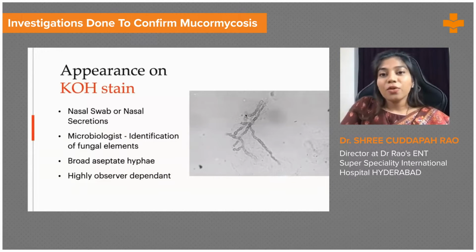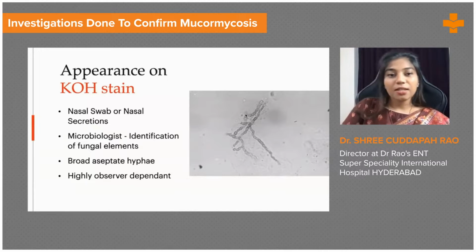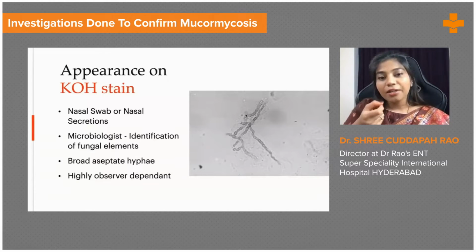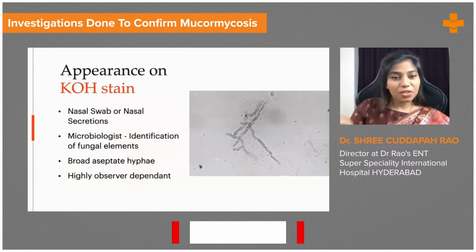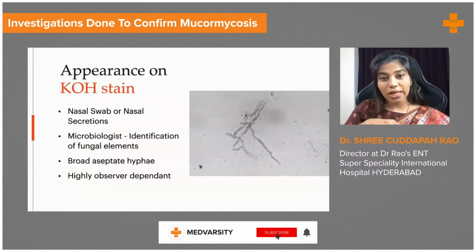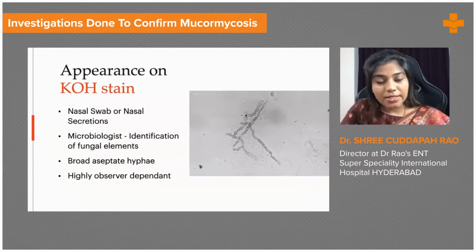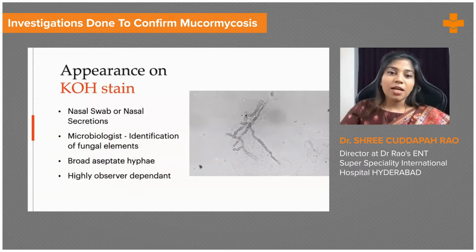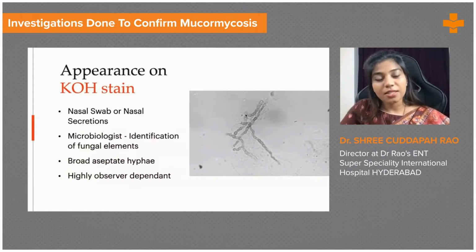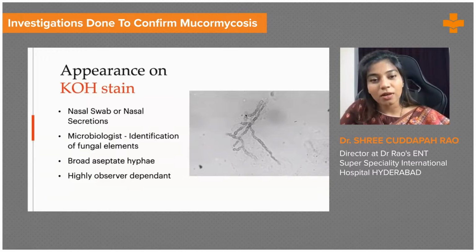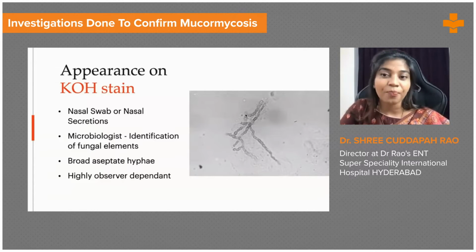So, what does a microbiologist do? He examines this, and he cannot examine this directly. He stains that with KOH, which is typically done for all fungal staining. And on the KOH stain, this is how it appears. This is one of our patients, and this is given by Dr. Ashok, he's a microbiologist.